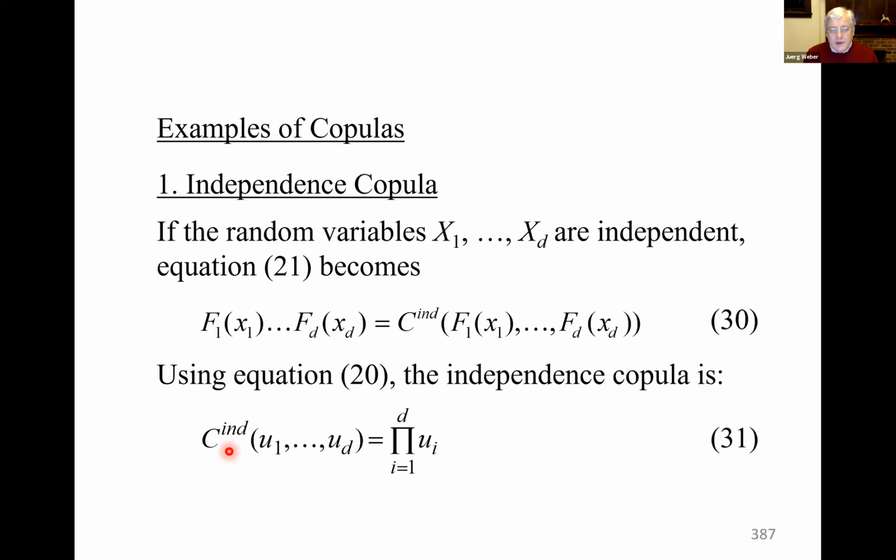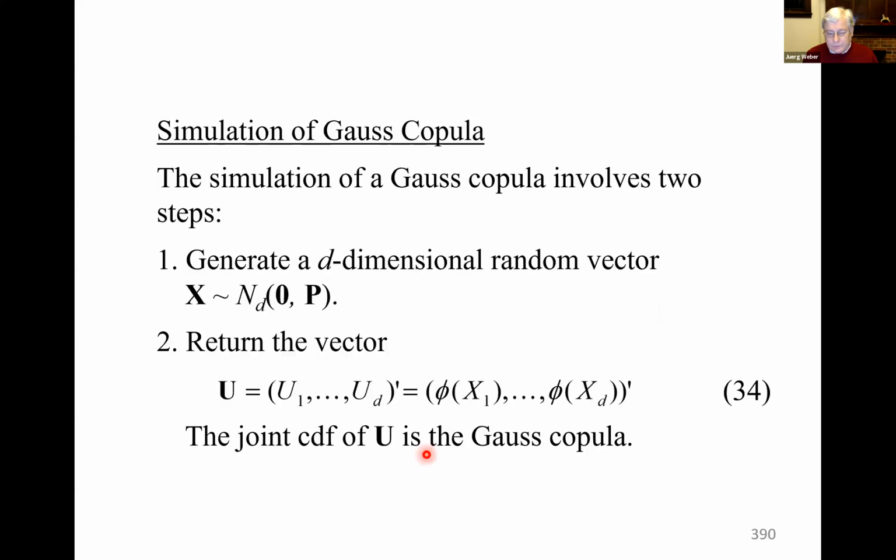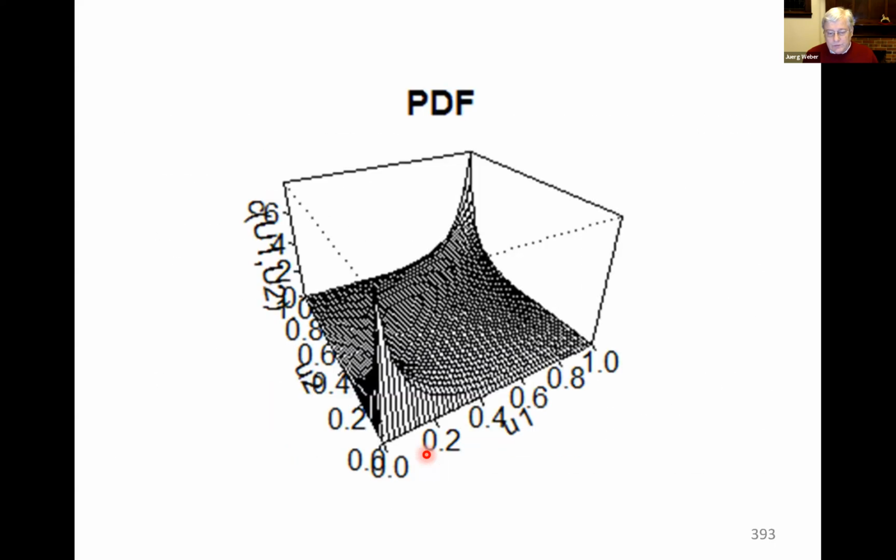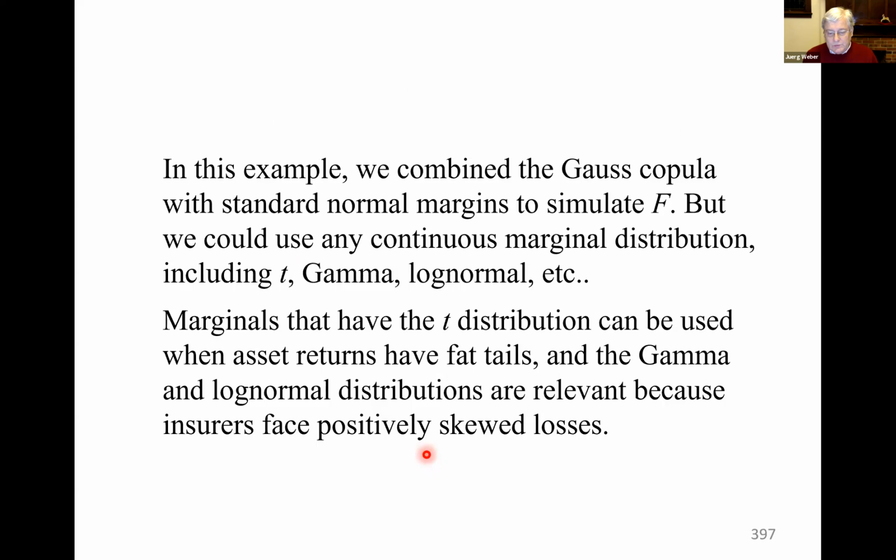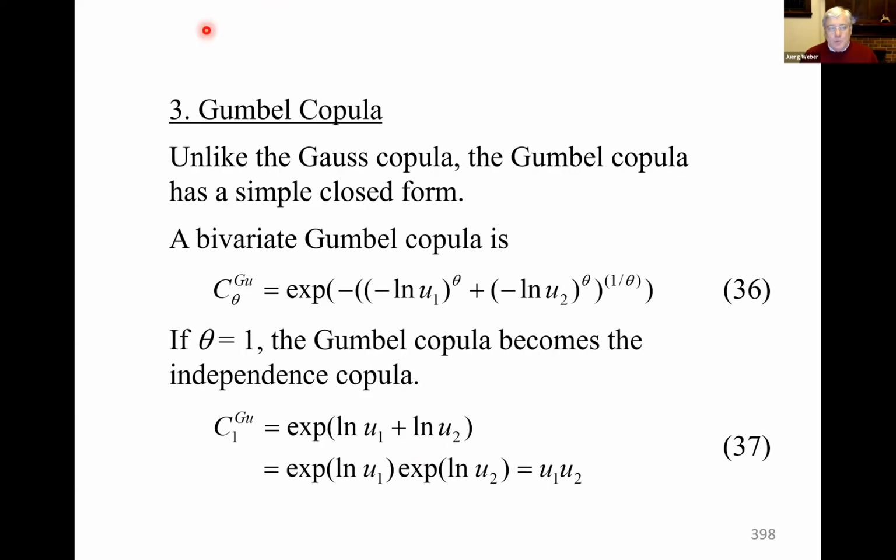Those uniformly distributed variables are the inputs in the copula: U1 times U2 if you have only two variables. So the Gumbel copula becomes the independence copula if the parameter is equal to 1. It's just U1 times U2.